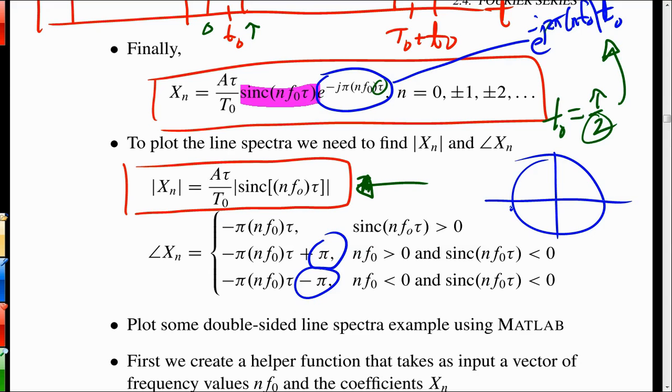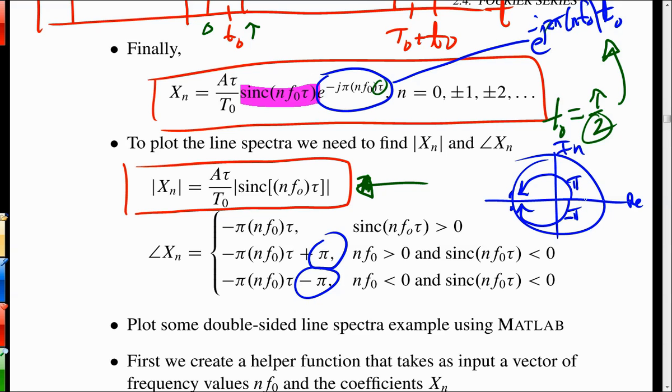If a complex number sits right here or sits over here, and this is real and imaginary, do you want to call the angle pi, or do you want to call the angle minus pi? It's the same point, so when it crosses through there, that's where it jumps, if you're doing the principal value.